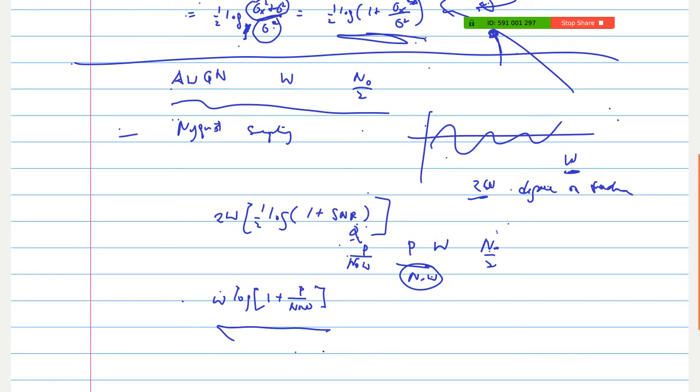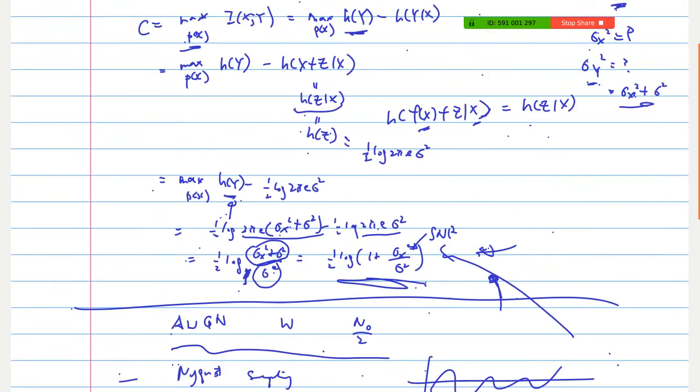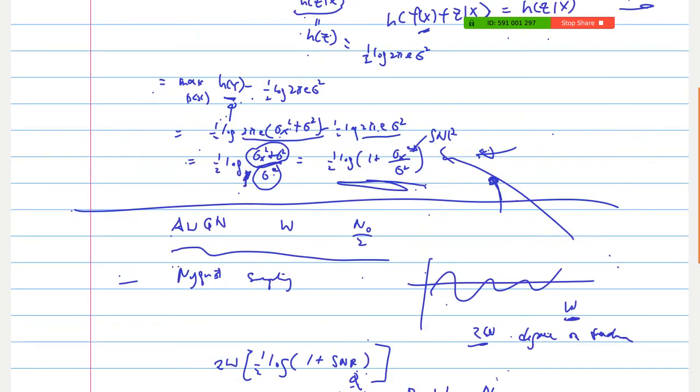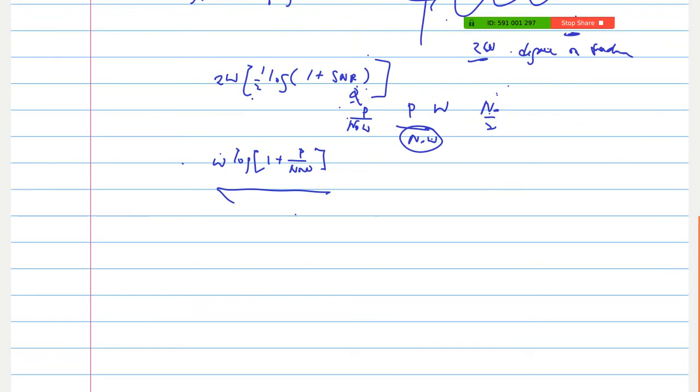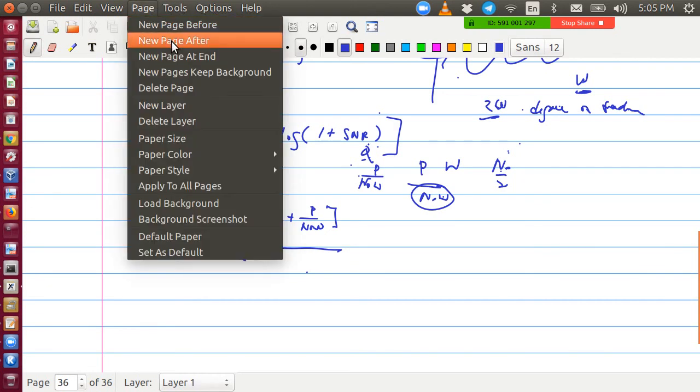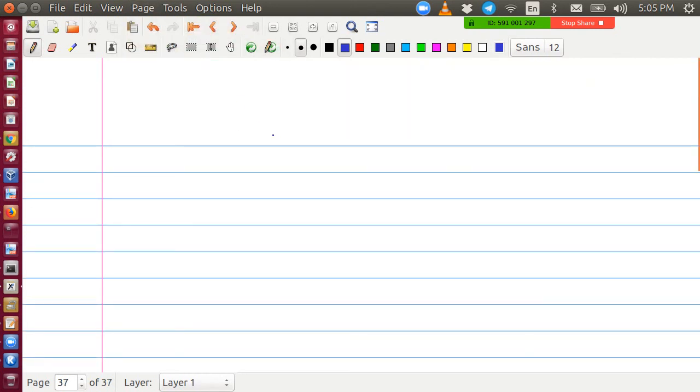So that's it for the two examples. Now I want to go into the proof of how we get this theorem. Basically the capacity of the channel is this one. Let's start a new page. There will be two parts for the proof.